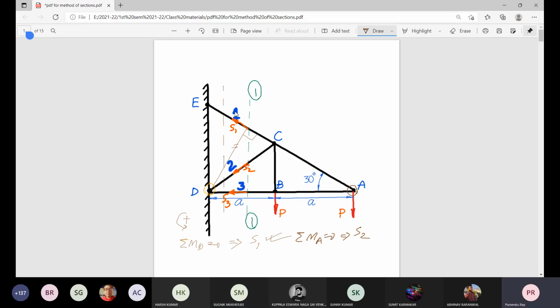Here the perpendicular distance is also the same, twice A sin 30 degree, because this angle is 30 degree. If we extend this line and drop a perpendicular from A, then from this right angle triangle, this is the hypotenuse, this is the 30 degree base angle, so this perpendicular length will be twice A sin 30.